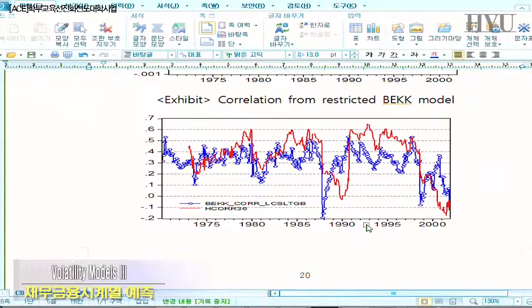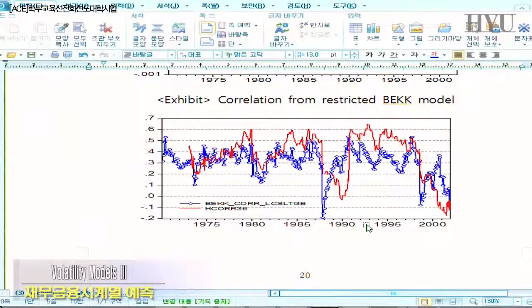So the model-based time-varying correlation and the simple calculation sometimes match and sometimes are very different, particularly during the period when there is a shock.